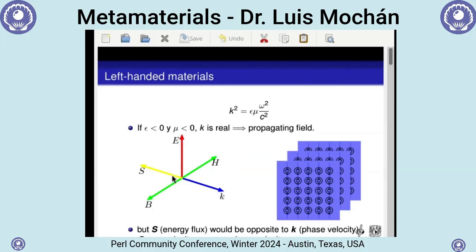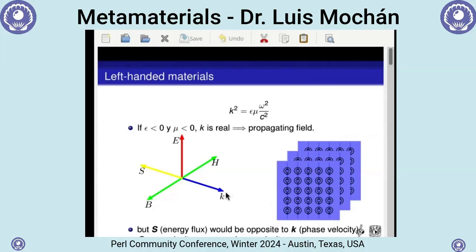Furthermore, the electric field, the magnetic field, and the propagation of the energy, the Poynting vector, form a right-handed orthogonal system. So if you go from the electric field to the magnetic field, your thumb points in the direction of the energy propagation. But if the permeability is negative, then the magnetic field is opposite to the flux density, and that means that the energy propagation is opposite to the wave vector.